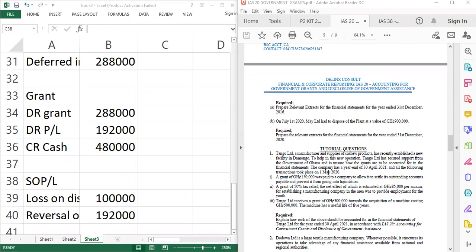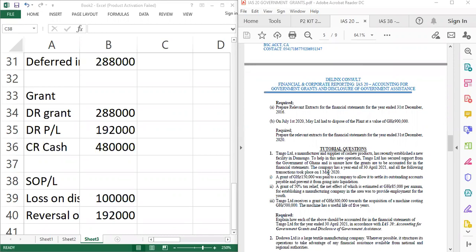The company has a year end of 30th April 2021, and all of the transactions took place on 1st May 2020. 1. A grant of 150,000 was paid to the company to allow it to settle its outstanding accounts payable, and prevent it from going into liquidation.